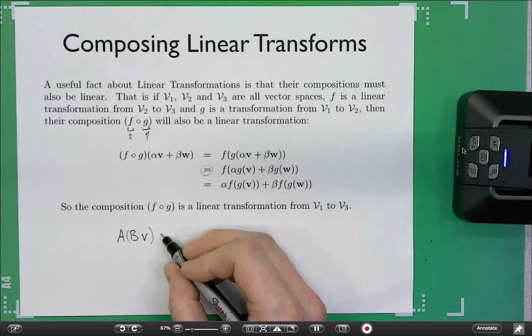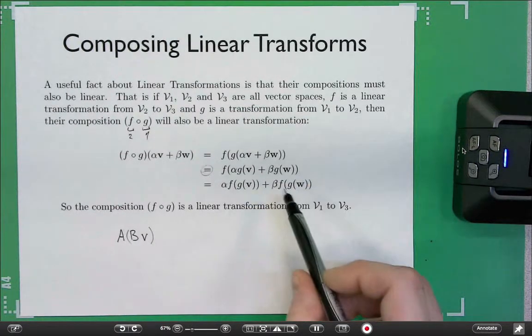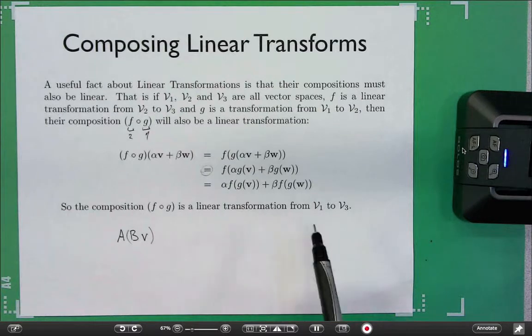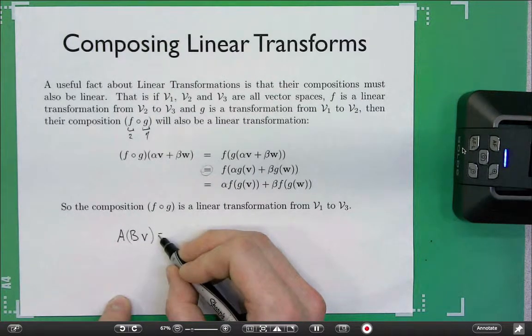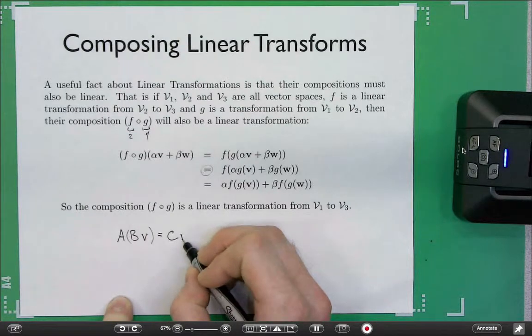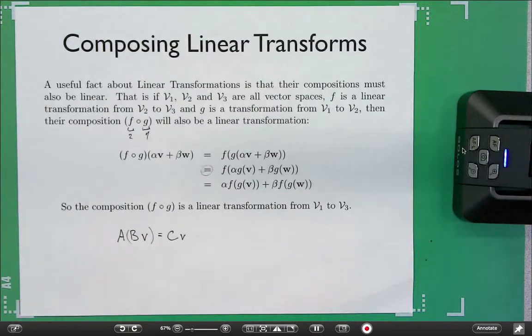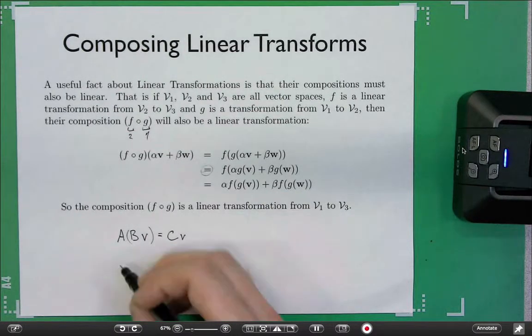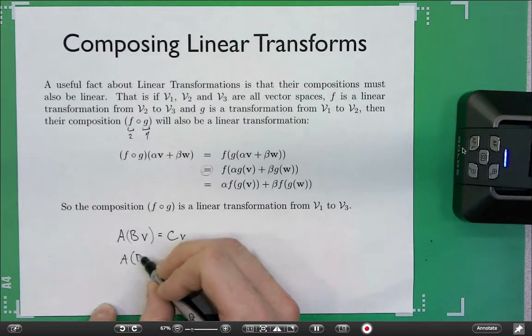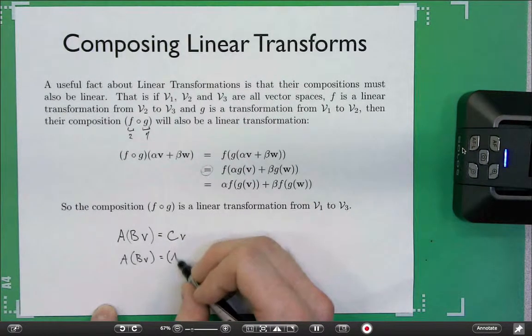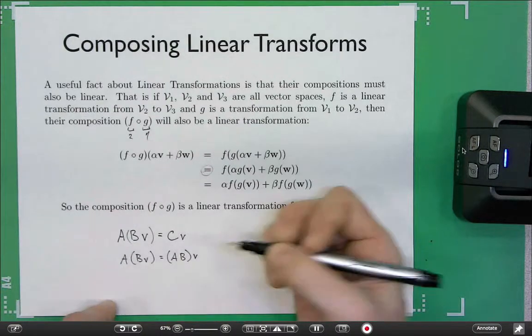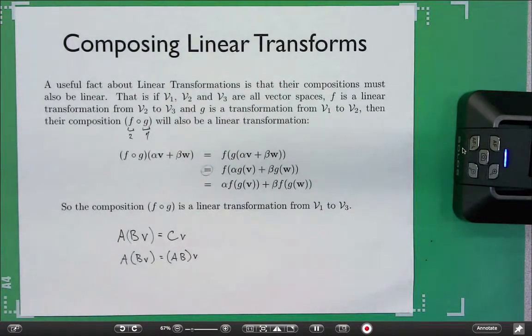But because of what we have shown here, that the composition of linear transformations is a linear transformation, this means that there has to be some other matrix C which gives me exactly the result. Like when I was talking about the algebra, to be able to apply associativity.